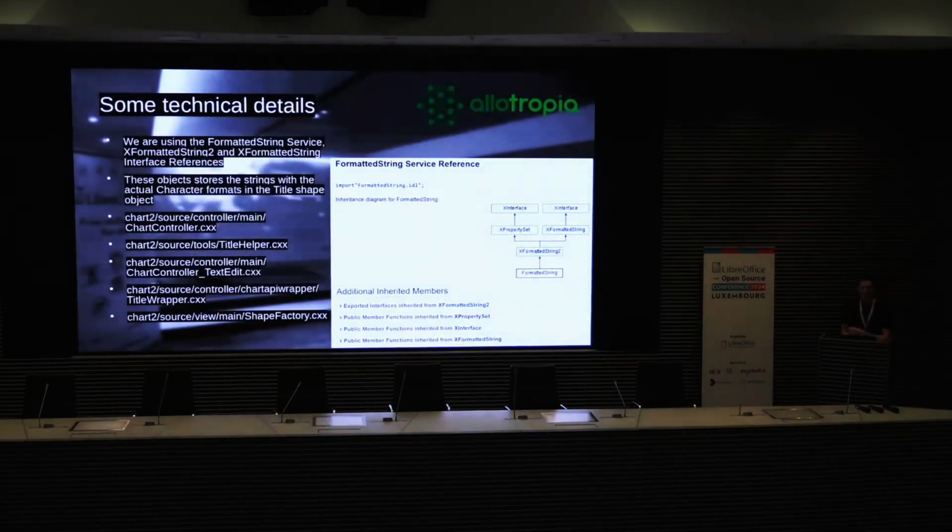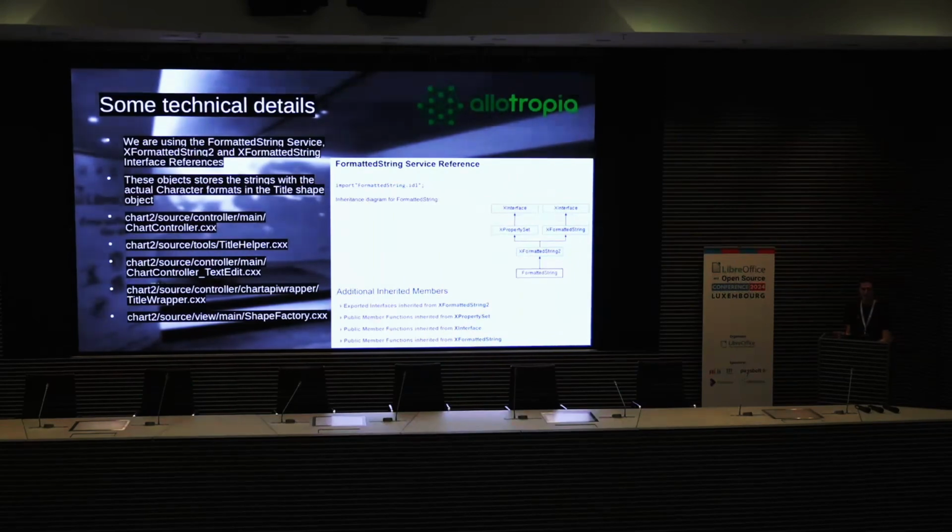So let's see some technical details on how we store the formatted strings. We are using the FormattedString UNO API service and the XFormattedString interfaces. There are two different kinds, the first and the second one. In our case, it was necessary to use both of them.